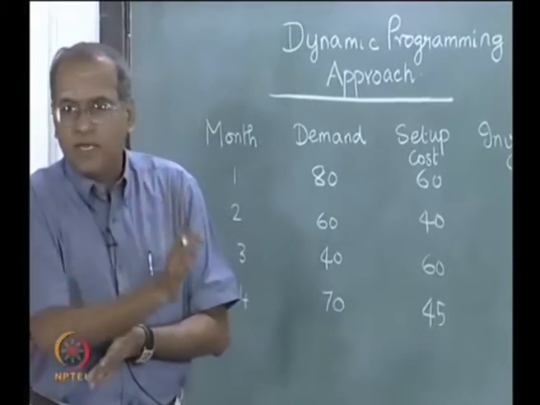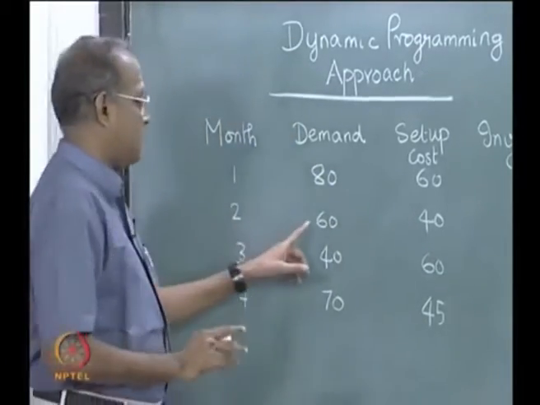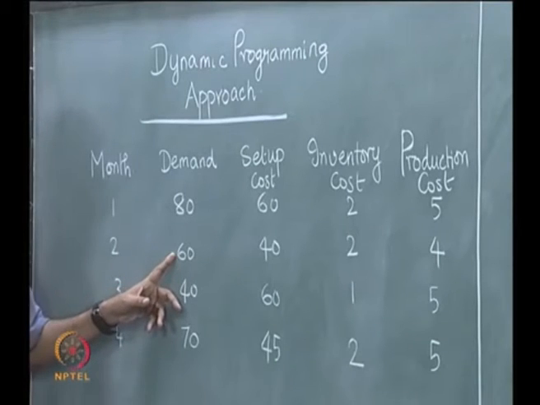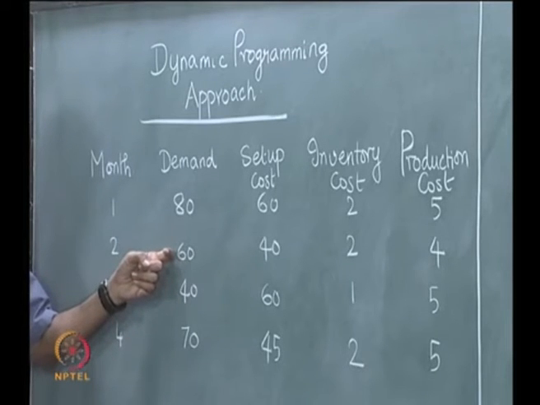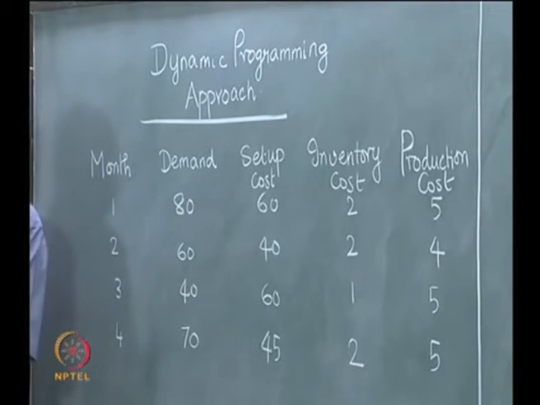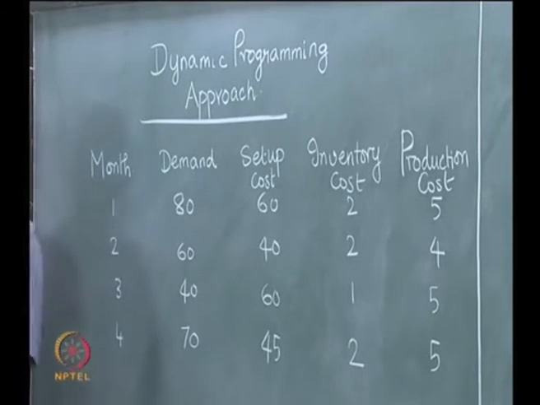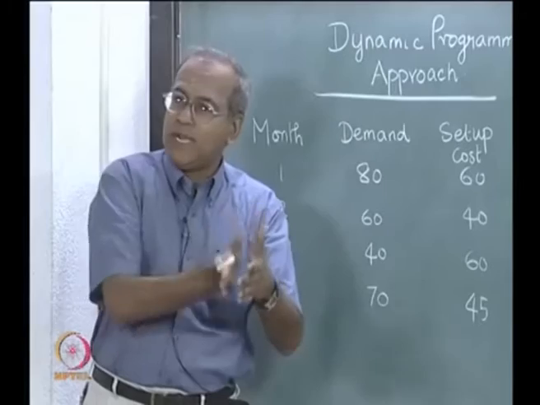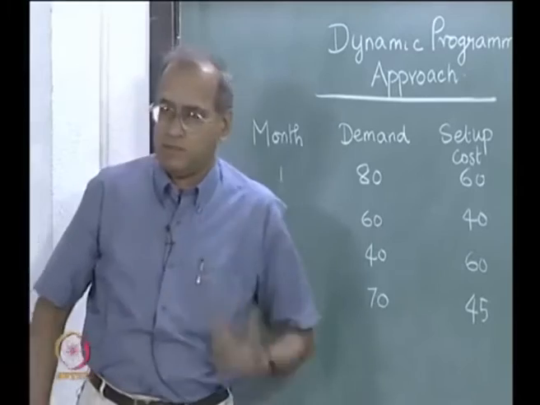If there is a beginning inventory at the beginning of a particular month, let us say we are looking at month number 2, and let us say there is a beginning inventory of say 20, then we should produce 40 or more. But it is also logical to say that if the inventory at the beginning of this month is sufficiently large to meet the demand of this month, then there is no need to set up and produce in this month.